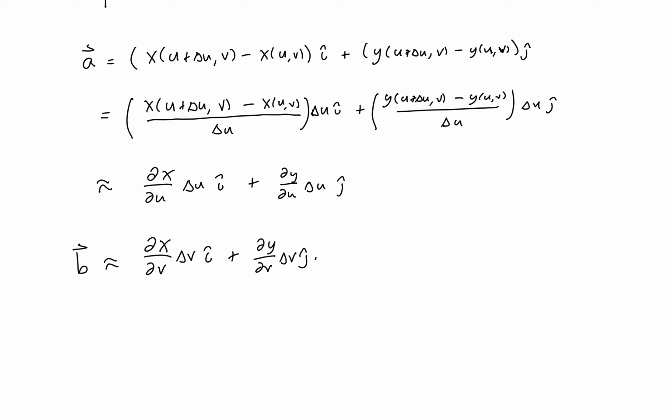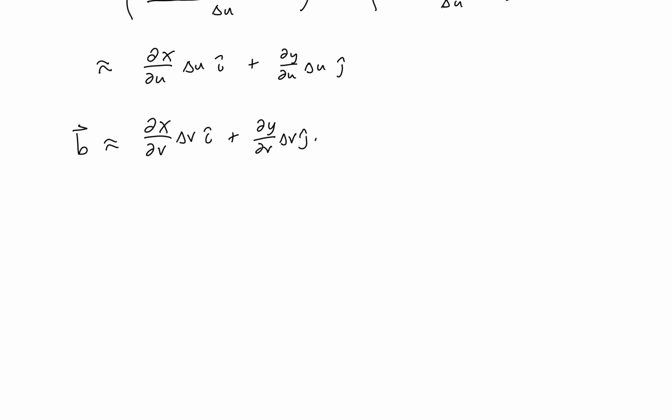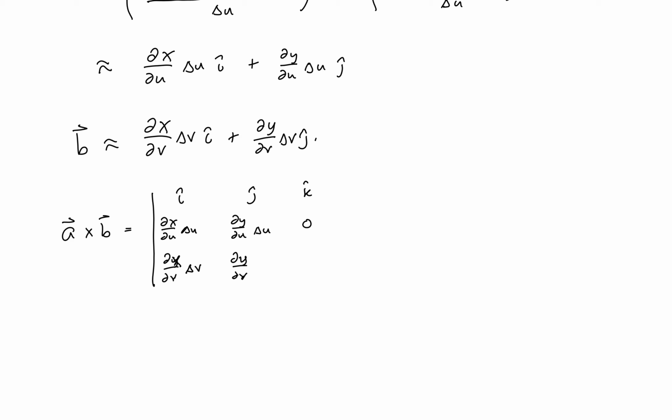Now we can go ahead and calculate that area. First, let's calculate this cross product. This is i, j, k, and then I have delta x over delta u times delta u, delta y over delta u times delta u, 0, and delta x over delta v times delta v, delta y over delta v times delta v, and 0.